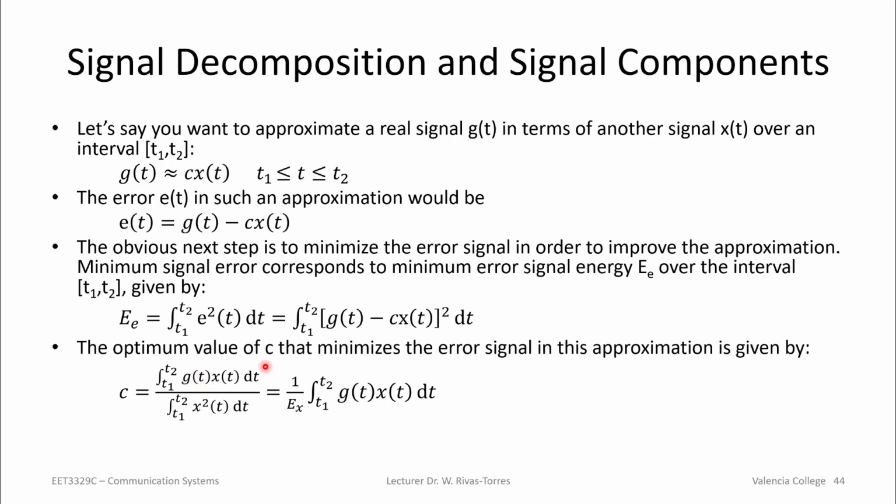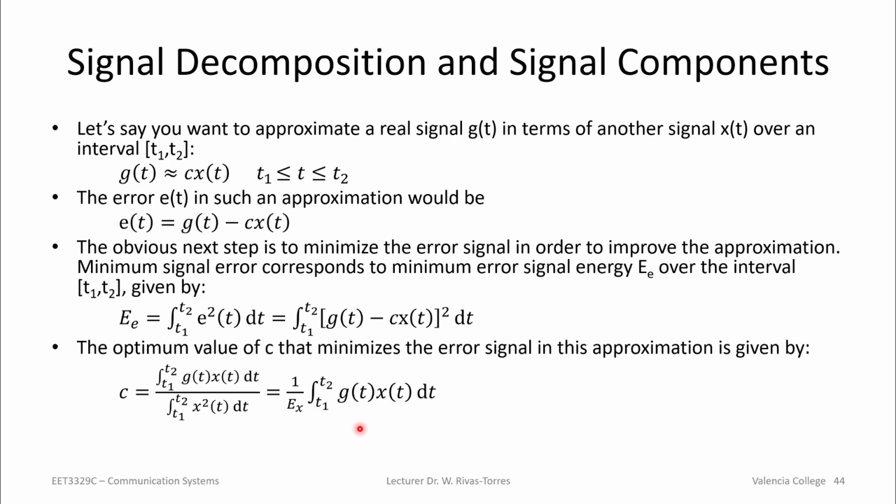Now, it looks a little bit intimidating as an expression, but we immediately recognize the denominator as the energy of the function that we're using to approximate, x of t, right? So immediately we know that this is the energy of that signal, so that's 1 over E sub x times the integral of the product of the two signals.